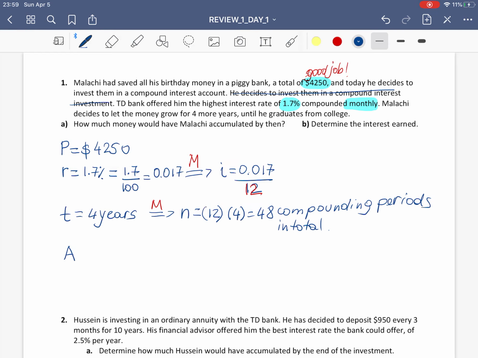It's a one-time investment, so I'm going to make a note of this right here. It's a one-time investment, so that means that it's compound interest.